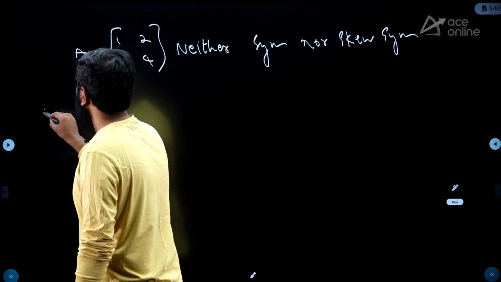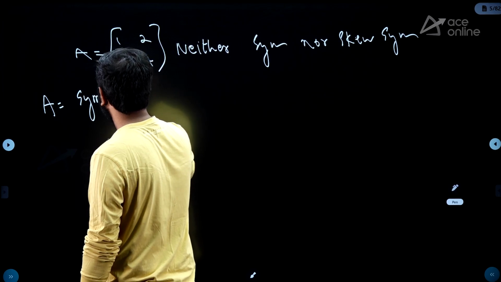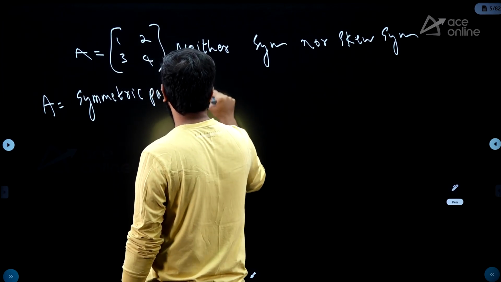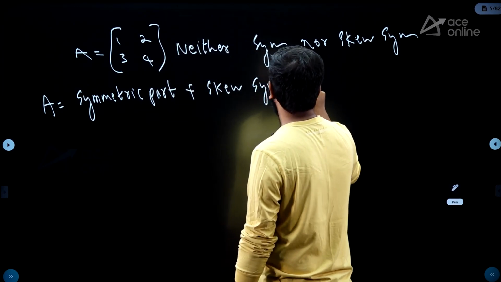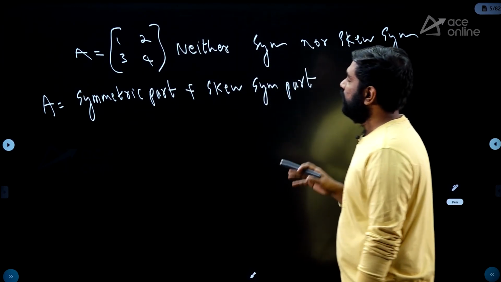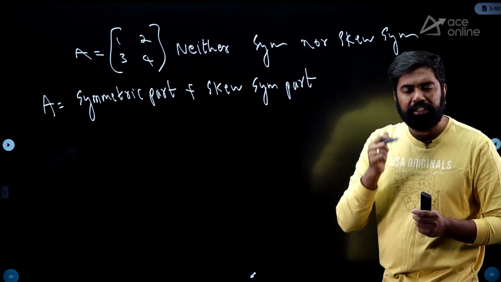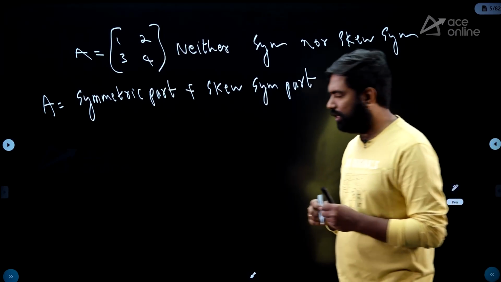So A can be expressed as the symmetric part plus the skew-symmetric part. In past examinations, there have been questions on what that symmetric part is and what that skew-symmetric part is.